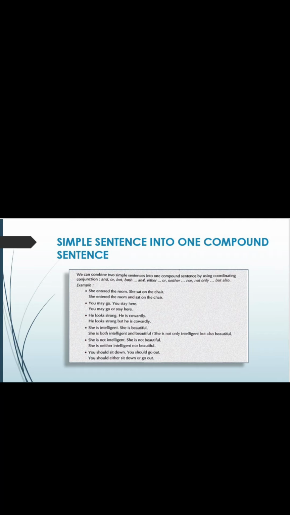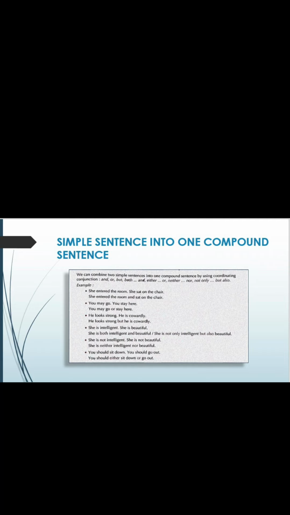So here again you are doing the work of linking two simple sentences into one compound sentence. So what are we using? And, or, but, both with and, either with or, neither with nor, not only with but also, right?